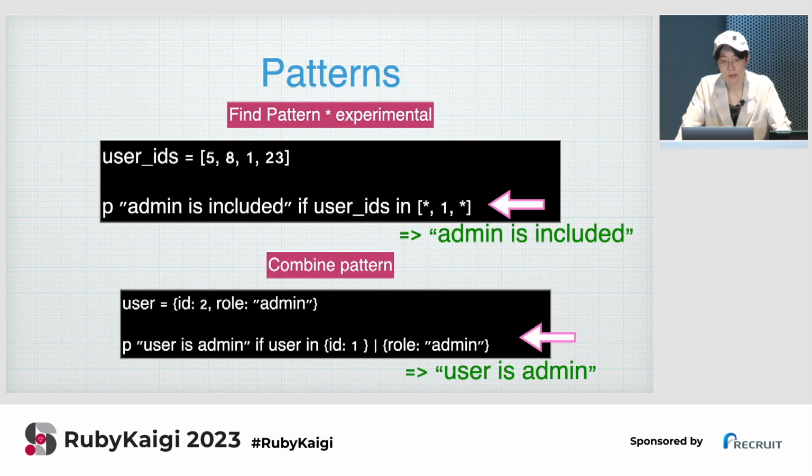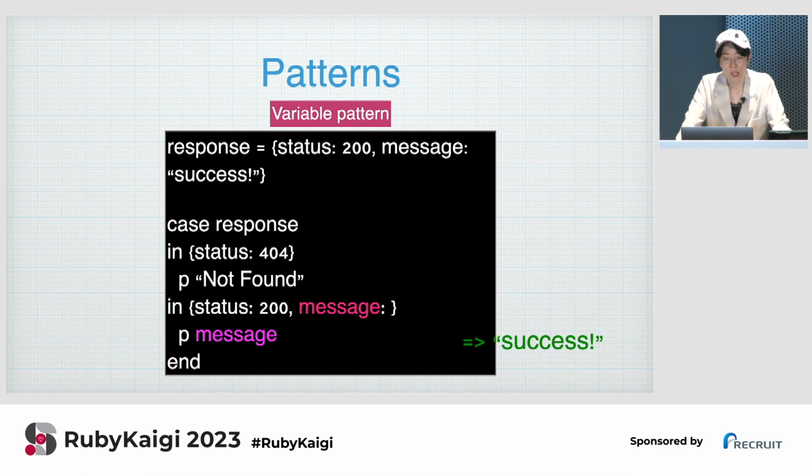We can use find patterns and combined patterns like this. You can also use variable patterns. In this example, the second pattern matches the response and the value of the message is bound to the message variable.